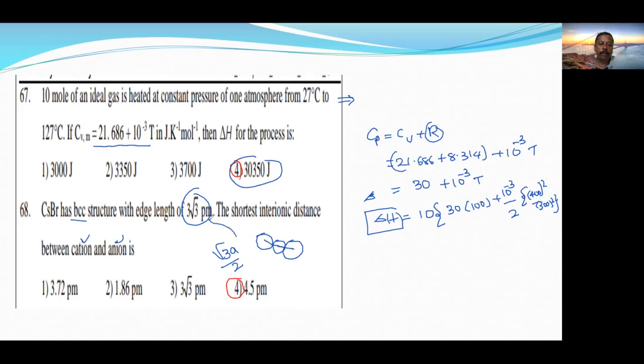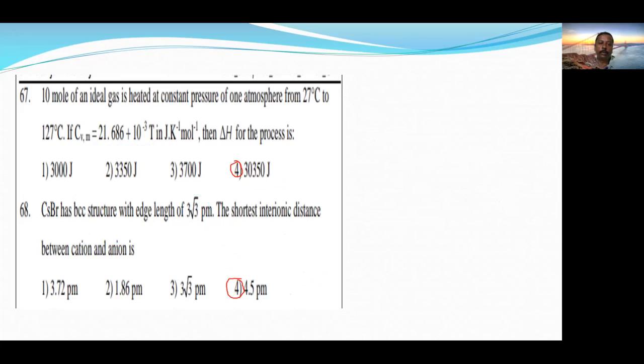With the edge length a given as 3 root 3, half is root 3a by 2, so root 3 into root 3 into 3 divided by 2, that is 9 by 2, which is 4.5 picometer. This is the answer for the 68th question. Now let us see the next question.